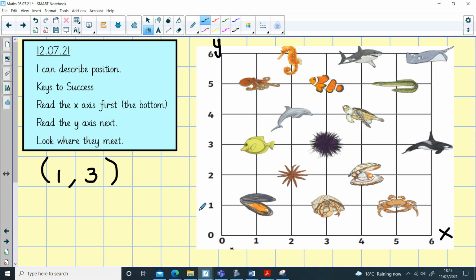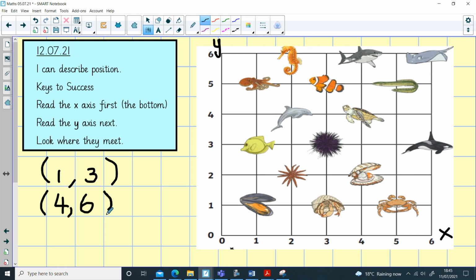So let's have a look at another one. I want to have a look at this shark here. So I read my x-axis first, which is 4. Go up, and it's number 6 on the y-axis. So it's 4 first on the x, and it's 6 on the y.